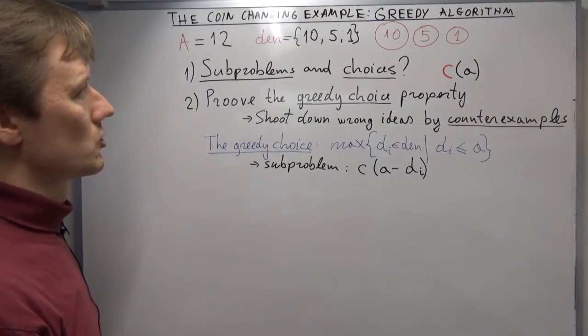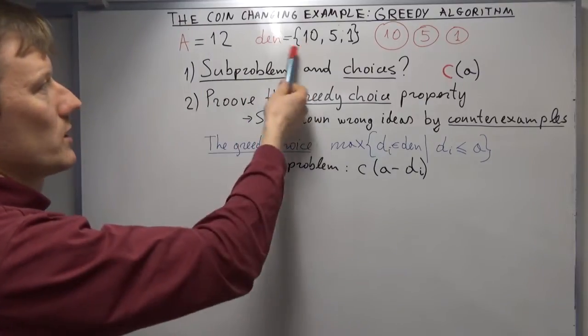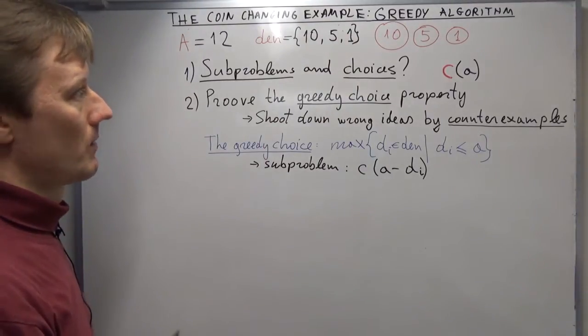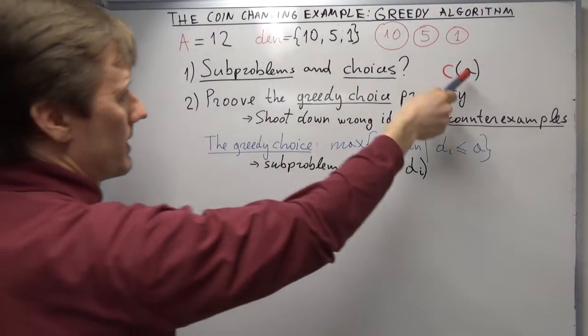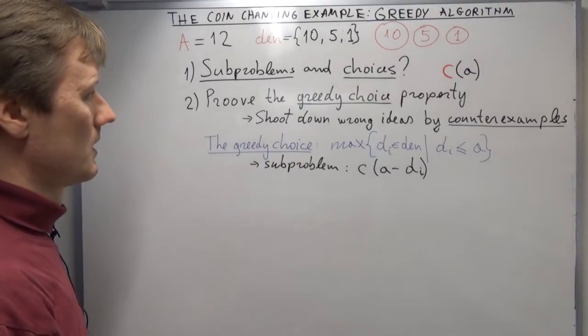And then the choices that we have, given some amount A, we can choose any of the available coins here. Obviously, only those coins that are smaller or equal than the amount of money we want to change.